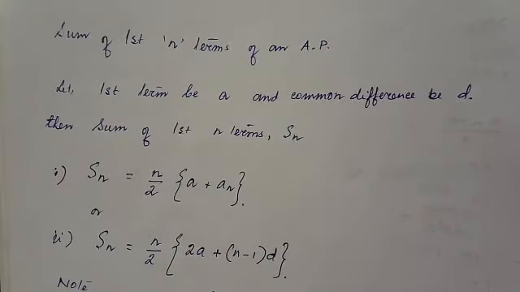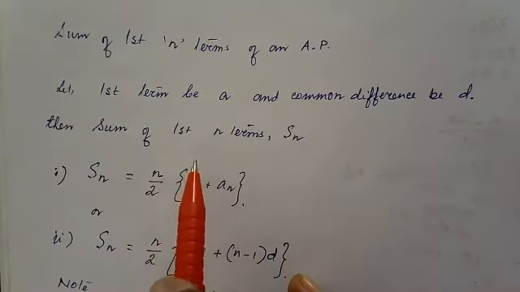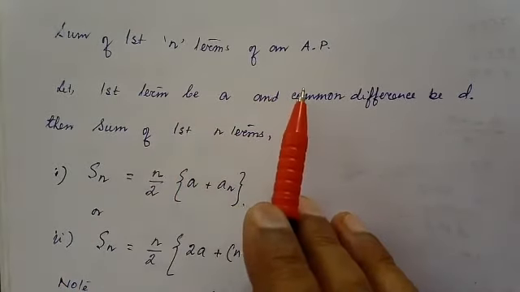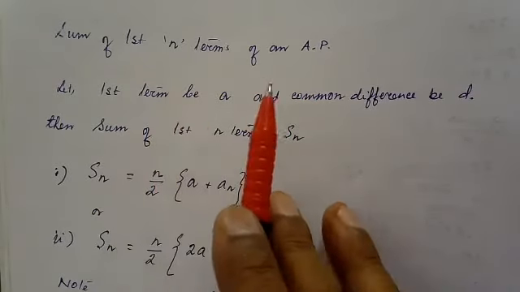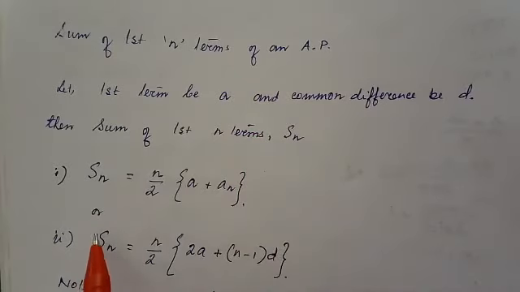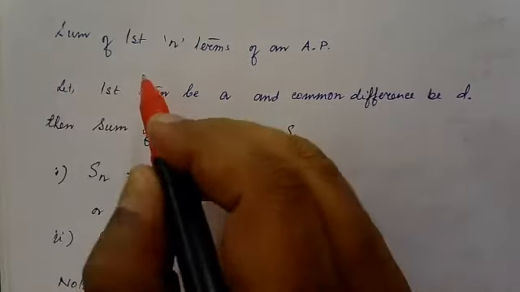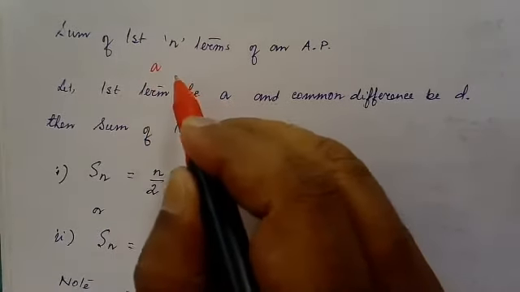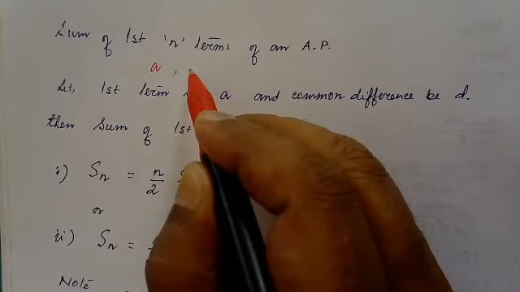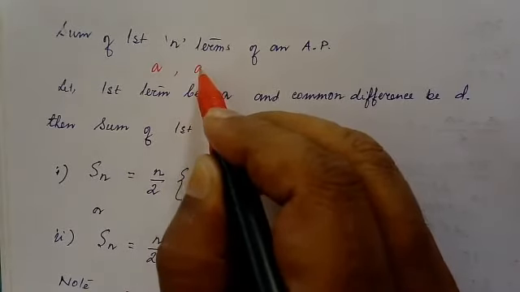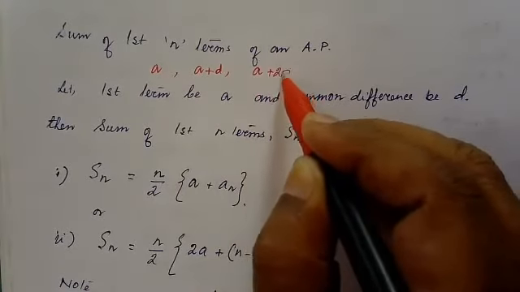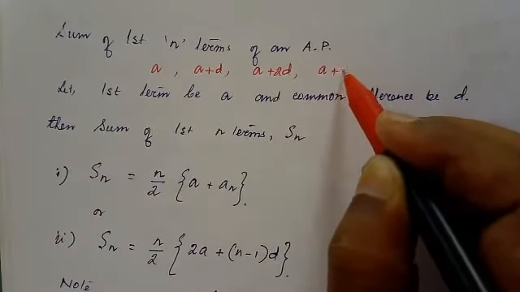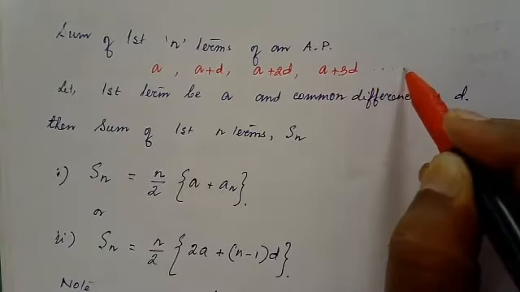Now I am going to discuss the sum of n terms of an AP. If we want to find the sum of n terms, let the AP have first term a and common difference d. The next term we will get by adding d, the next will be a plus 2d, next a plus 3d, like this.